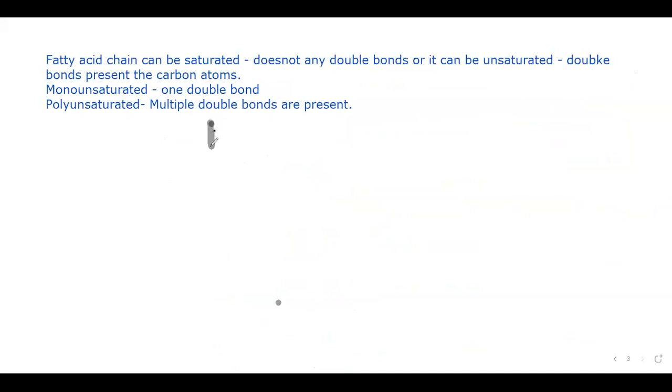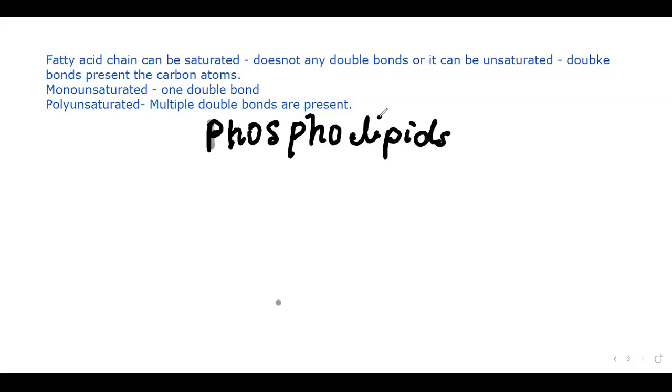What are phospholipids? Phospholipids are similar to triglycerides. In fact, they're quite similar to triglycerides, right? But there are small differences.